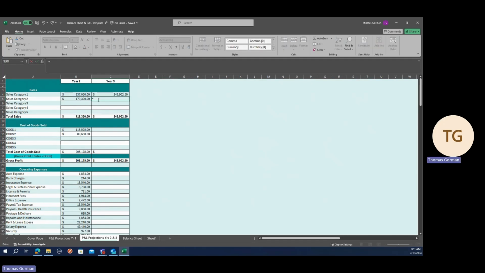Same thing for product 2 times 1.05. Cost of goods sold equals times 1.05 times 1.05. All right.